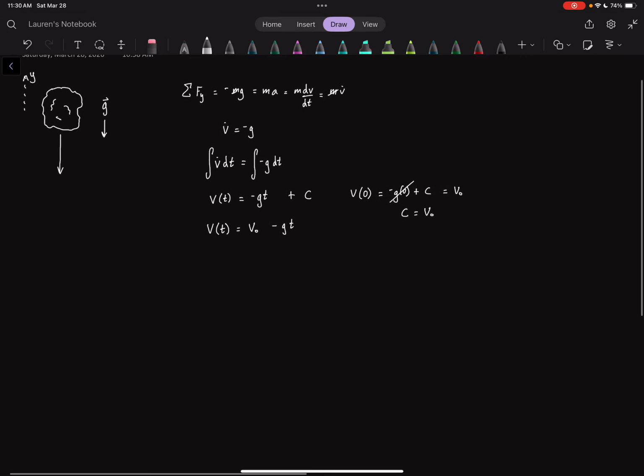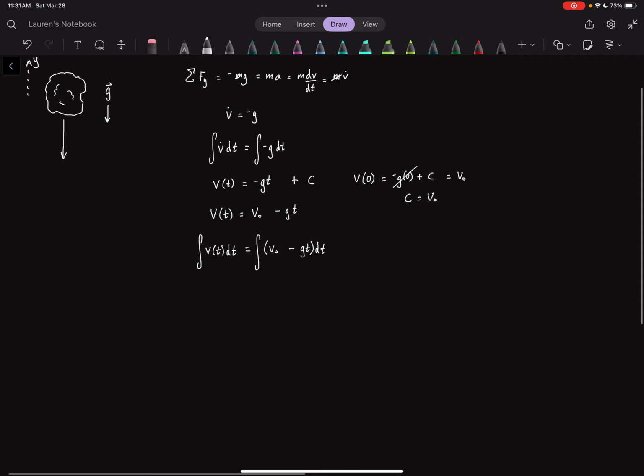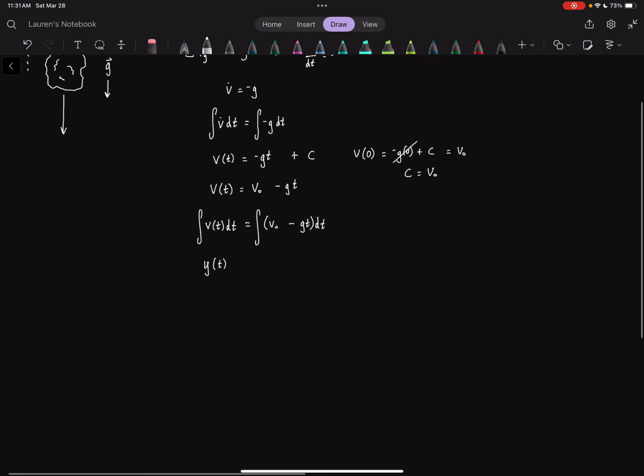And we can integrate one more time to find the position as a function of time. So velocity as a function of time, v of t dt, and integrate on the right side, v naught minus gt, with respect to time. On the left, we'll use y, because that's our coordinate system, as a function of time. And on the right, we have v naught t minus 1/2 gt squared, plus c.